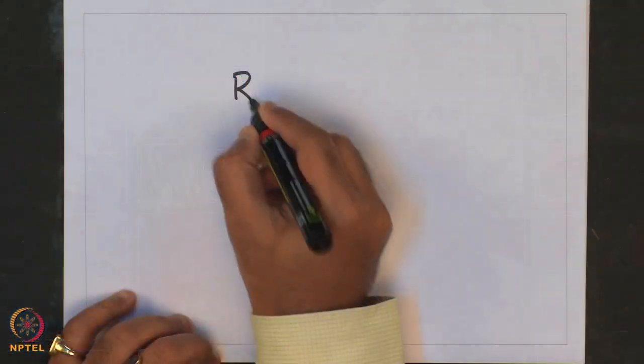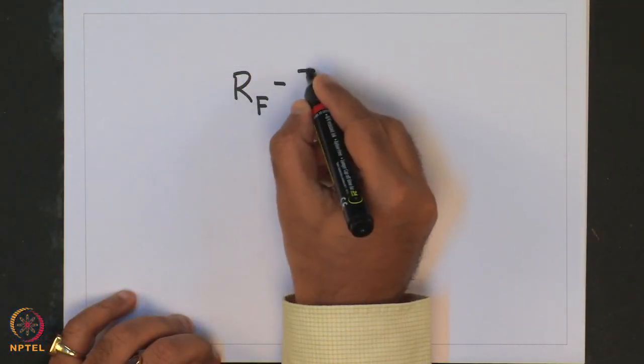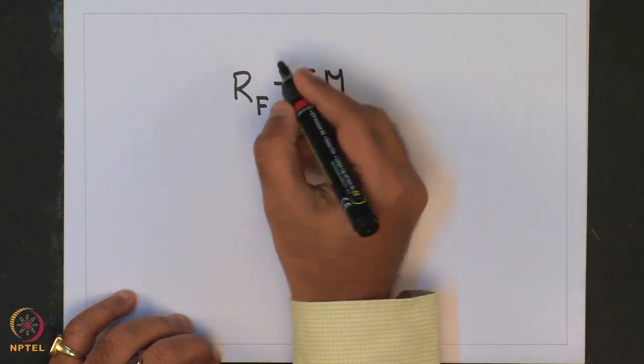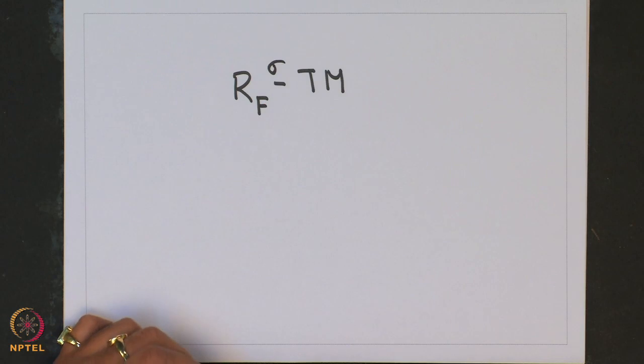These complexes are designated by the type as shown here, and they are involved in some kind of sigma interaction with the transition metals.